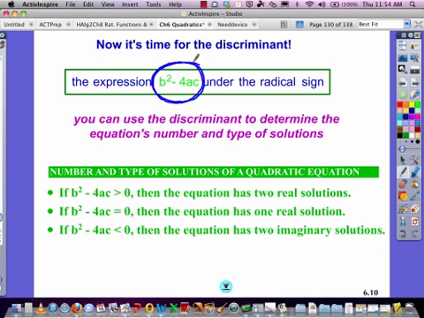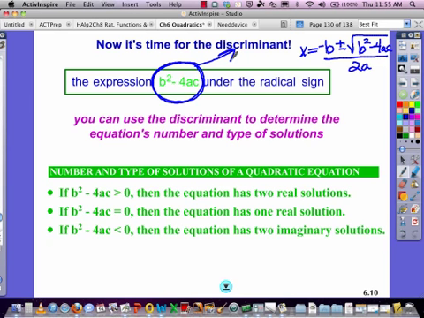So when we do the quadratic formula and we say x equals opposite of b plus or minus square root of b squared minus 4ac all over 2a, that b squared minus 4ac, notice I don't have a square root over it, those numbers of b squared minus 4ac are considered to be the discriminant. So if someone says use the discriminant, you're going to do whatever the calculation is for b squared minus 4ac.